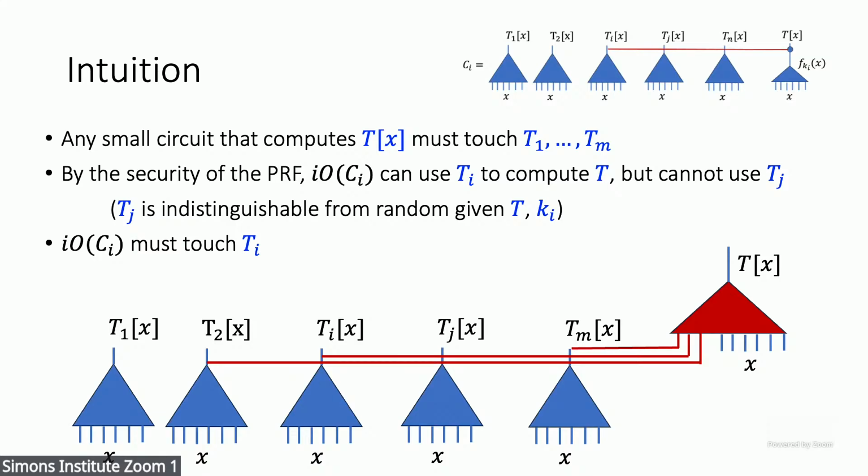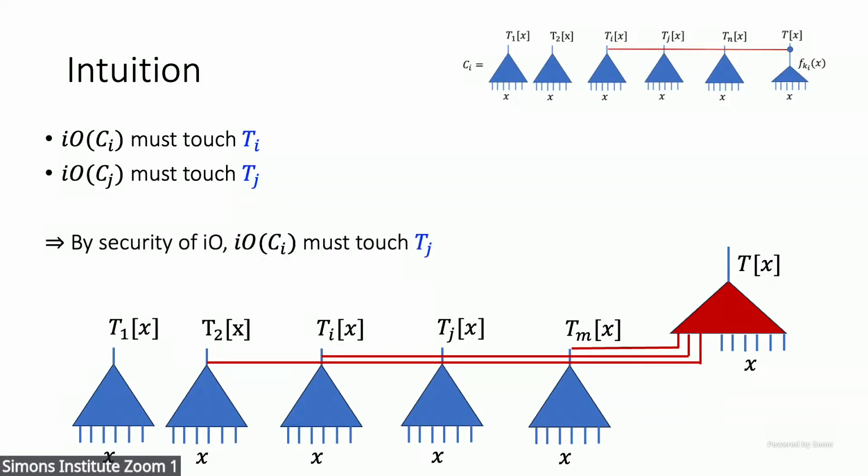But if it touches Ti, and the IO of Cj must touch Tj, it must be the case that the IO of Ci also touches Tj, otherwise we can distinguish. And there is nothing special about j, it means that we need to touch all of them.